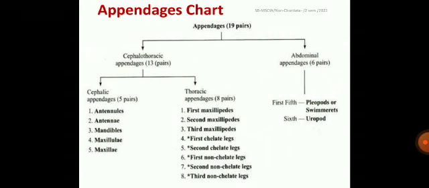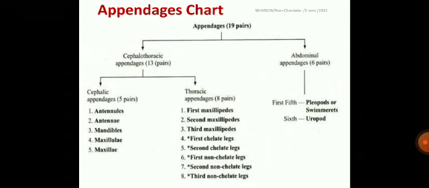For the cephalic appendages, the first pair is called antennules, the second is antennae, the third is called the mandibles, the fourth is maxillulae, also called first maxilla, and the fifth is maxillae or second maxilla, while the thoracic appendages are the first maxilliped, second maxilliped, and third maxillipeds, which help in feeding.